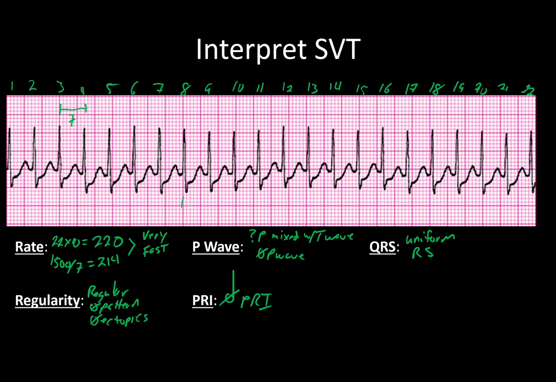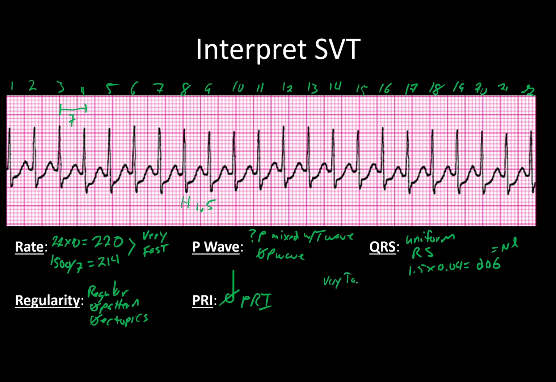And then it ends right about here, because that's your J point, right where the S wave ends and the ST segment begins. And so that right there is 1.5, equals 0.06, which is normal.